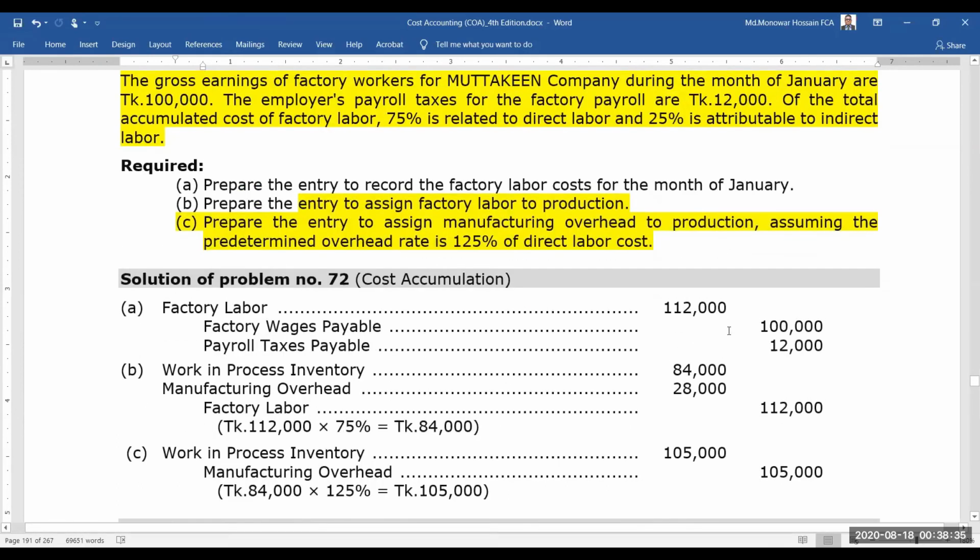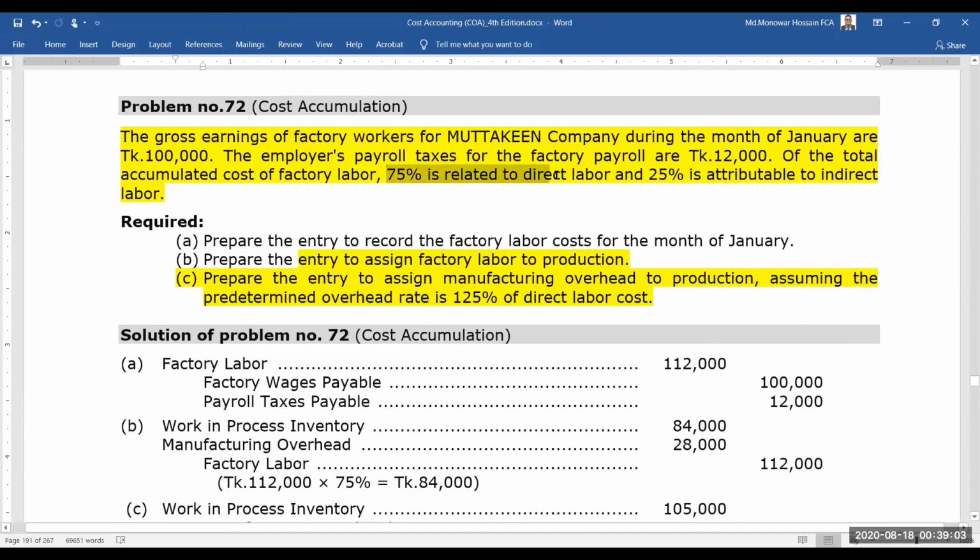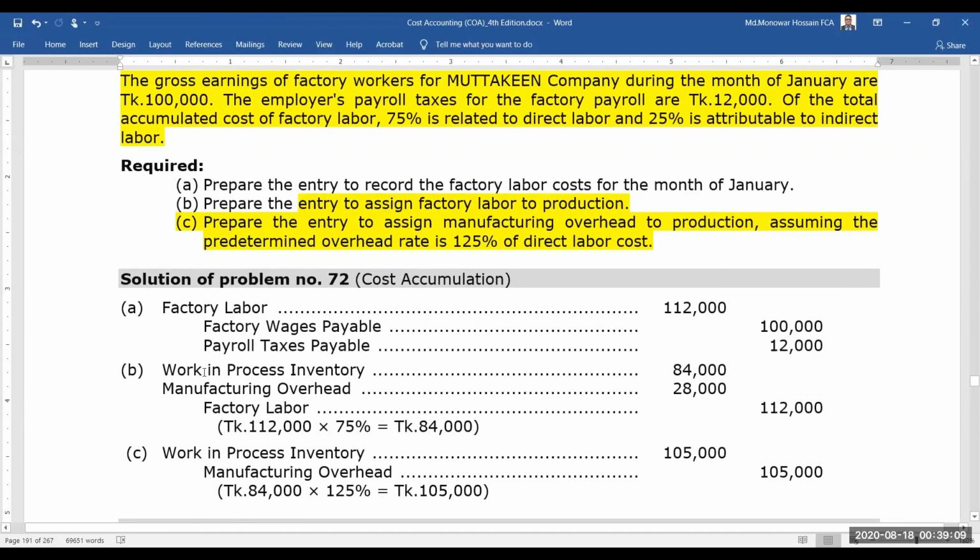Factory labor 1 lakh 12,000, so 1 lakh plus 12,000 here. Factory wages payable 1 lakh and payroll tax 12,000. Okay. Then B, work in progress inventory 84,000, manufacturing overhead 28,000. 75% is related to direct labor and 25% indirect labor. So this is the 75%, that means work in progress inventory 84,000, and 25%, that means 28,000.